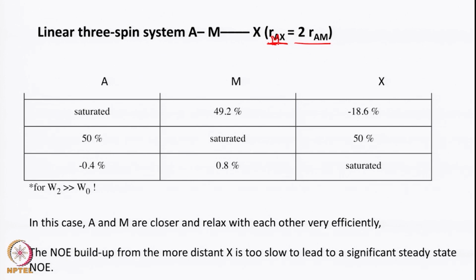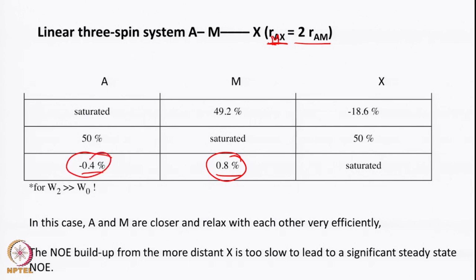Now if we saturate A, M will get around 50% and X will get around minus 18% negative enhancement, and if we saturate M, then both will get 50%, and if we saturate X, very little enhancement will happen for M and A, here only 0.8% and here minus 0.4%.